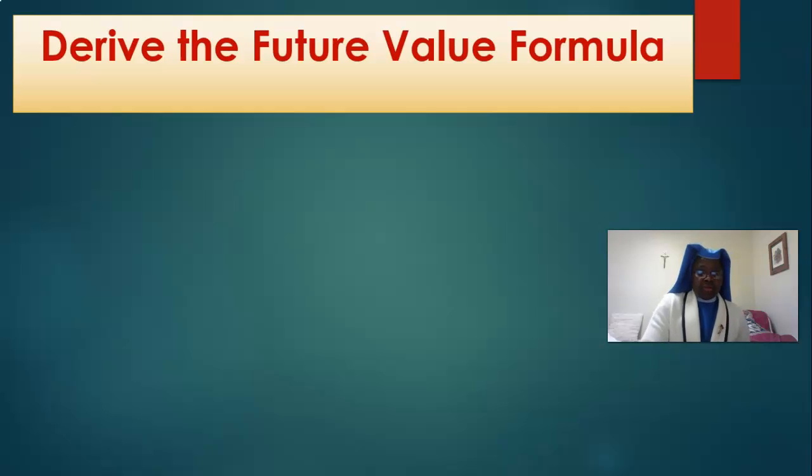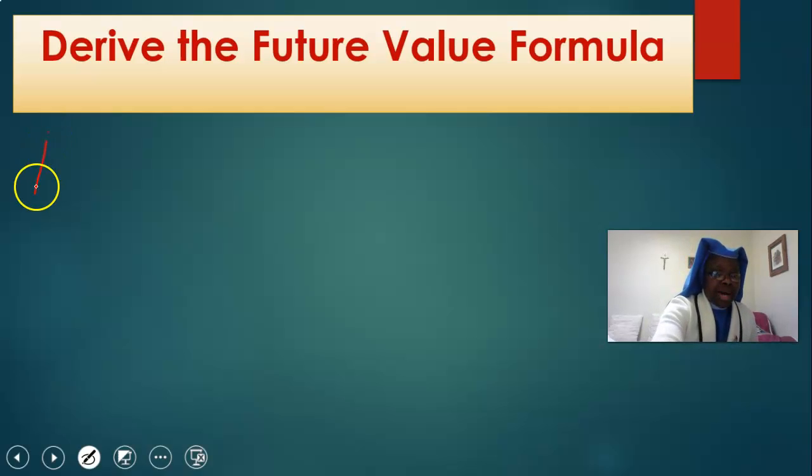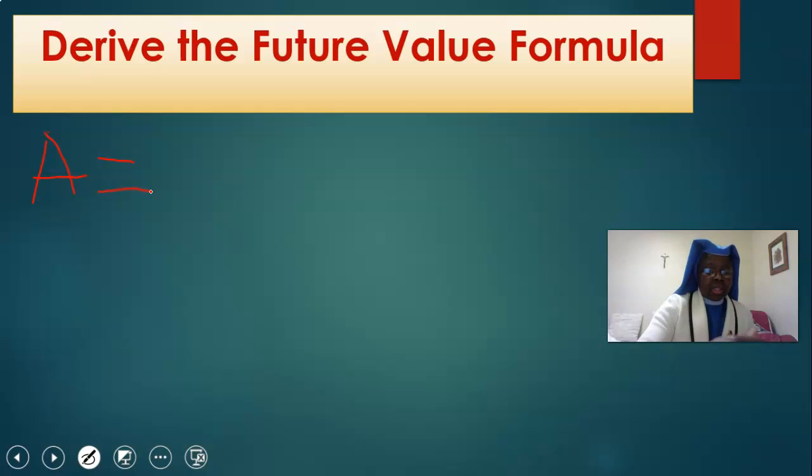So if you find the total or the final amount, A, the amount you will get at the end, common sense will tell you we take the interest you earned and add the principal, the original amount you started with.